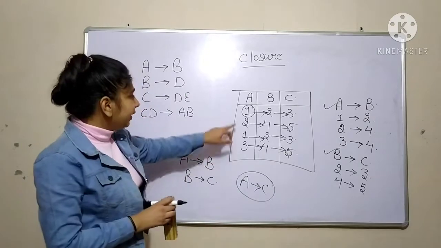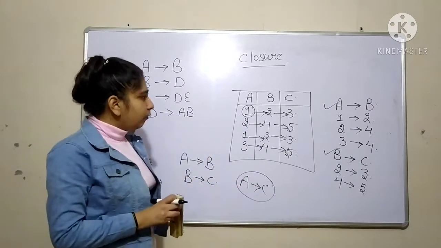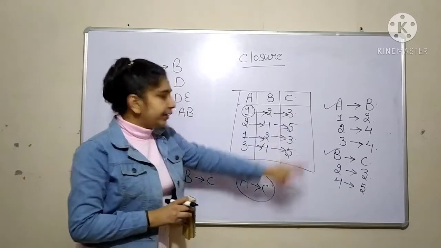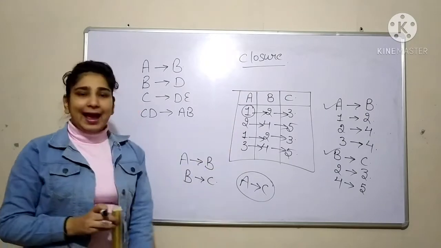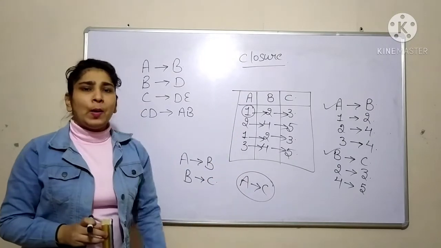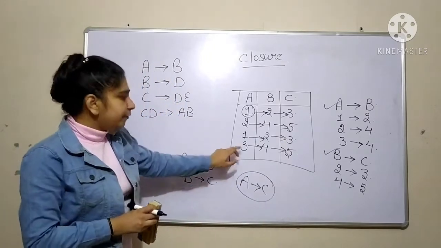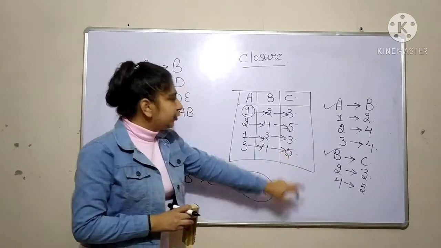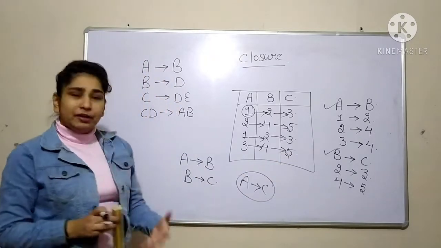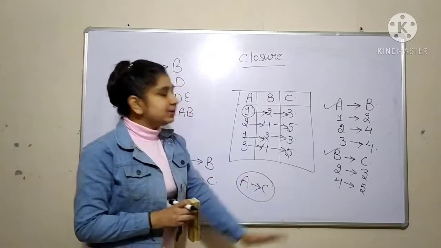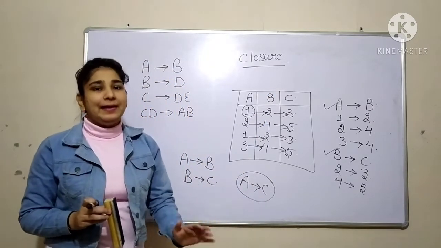If you are given value of A as 1, what is the value of C? You will get 3. If A is 2, what is the value of C? You will get 5. If the value of A is 3, what is the output of C? You will get 5. So A to C is also a right functional dependency.